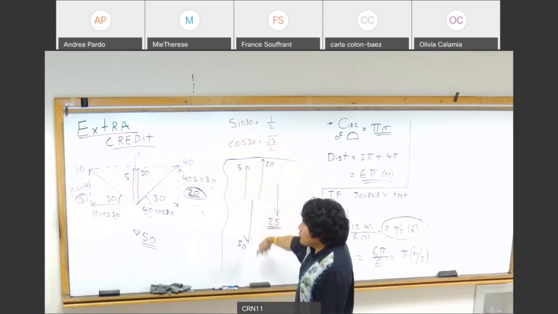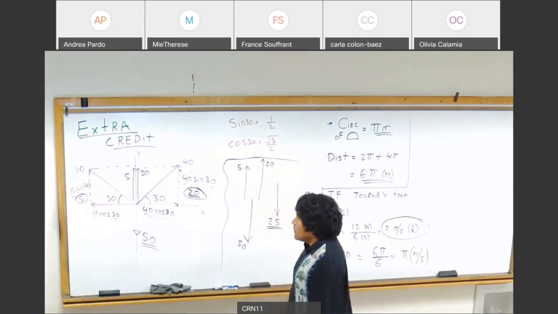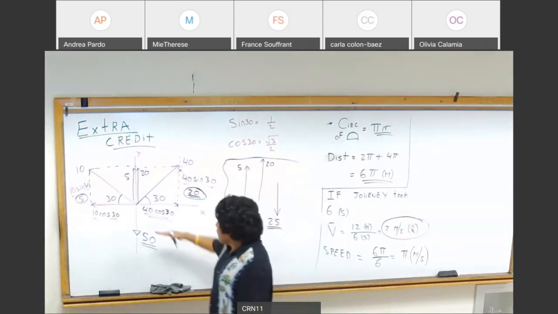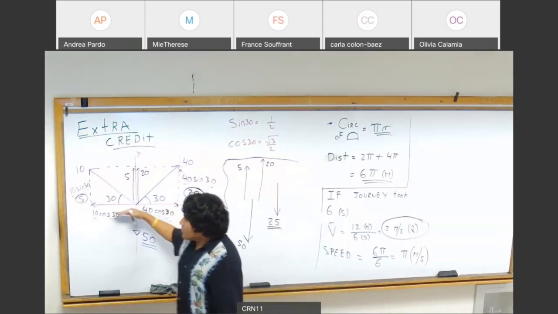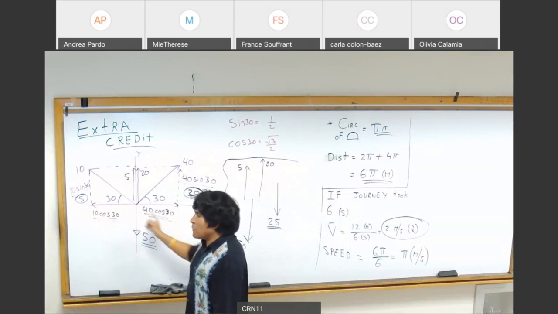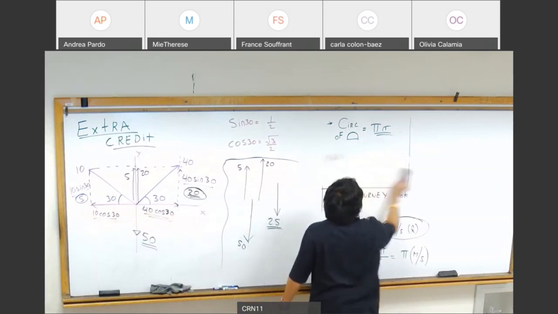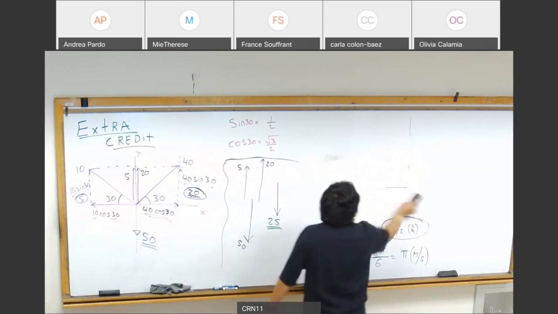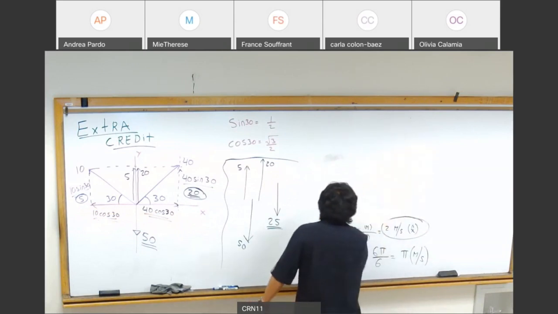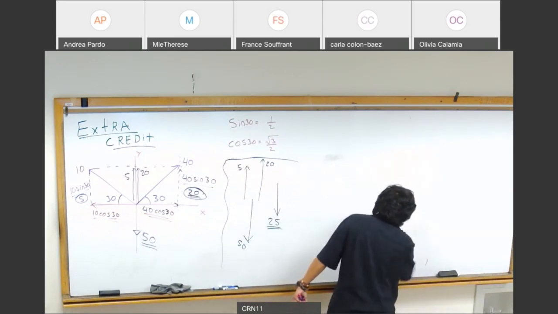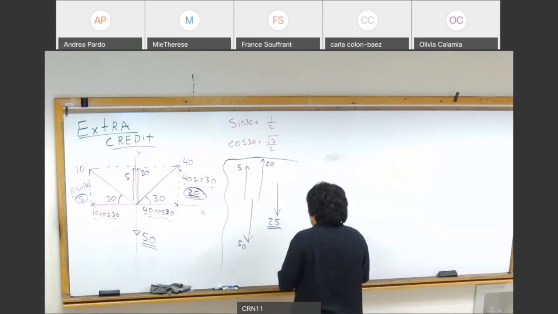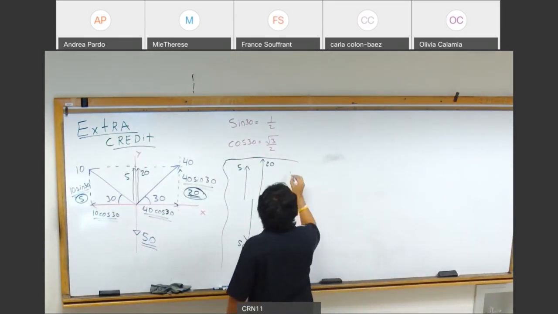Right? If we have those vectors adding there like that. And on the x-axis, we have this one going to the right, this one going to the left. We do this minus this, and that's the solution for the problem. Right? We find the resultant on x and the resultant on y. So this is on y.